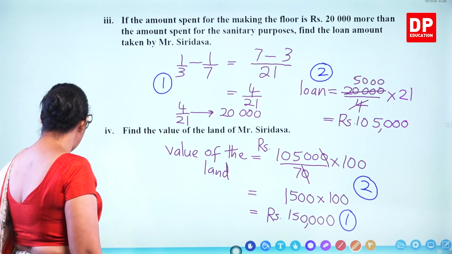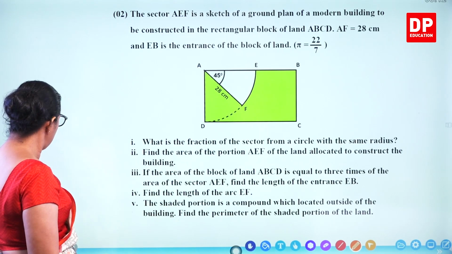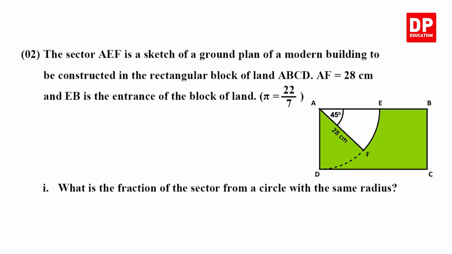Now we'll look at the second one. You can try this. This is about area. So I'll do that in the next page. The sector AEF is a sketch of a ground plan of a modern building to be constructed in the rectangular block of land ABCD.